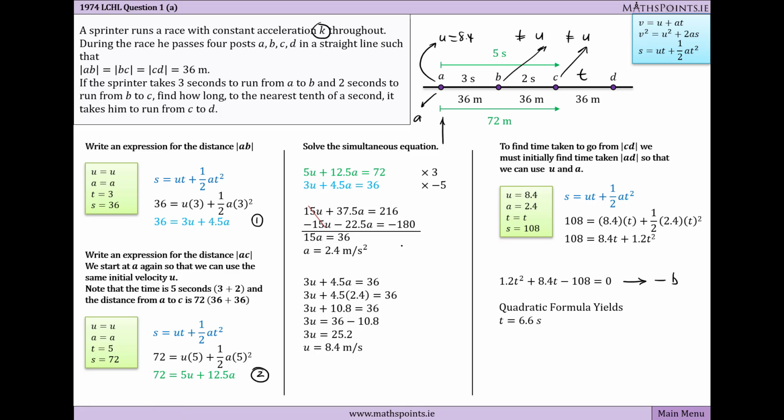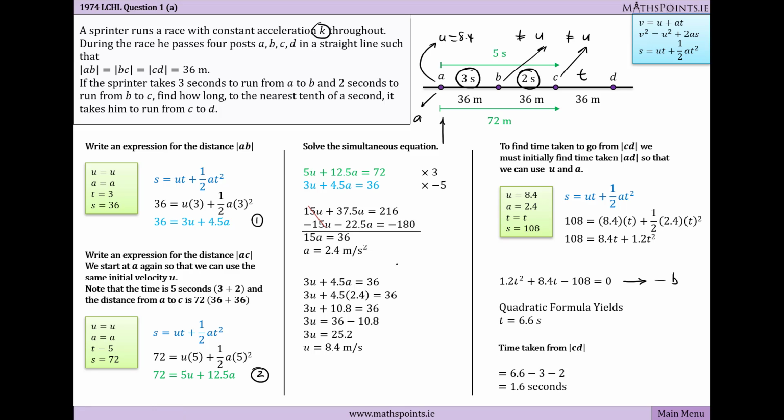Now remember, that's the time taken to travel from A to D, not from C to D, which is what we're looking for. So from the 6.6, I subtract the 3 seconds and the 2 seconds, a total of 5 seconds, and I'm left with the time taken to travel from C to D being 1.6 seconds.